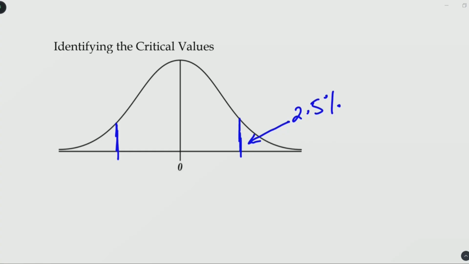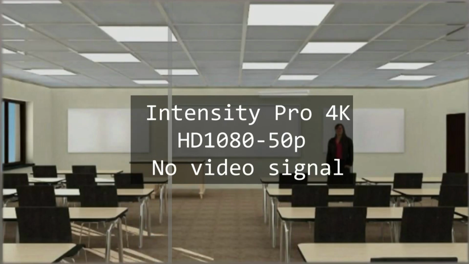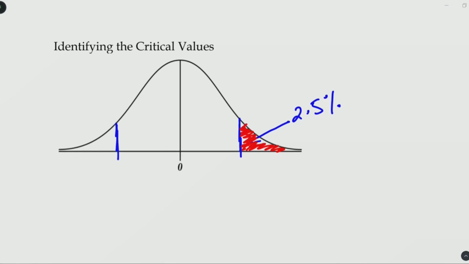If this region, which I am shading in red, has a probability of 2.5%, then obviously from this side till the extreme values on the extreme left tail, the whole region on the left tail, including this part, will be 97.5%.